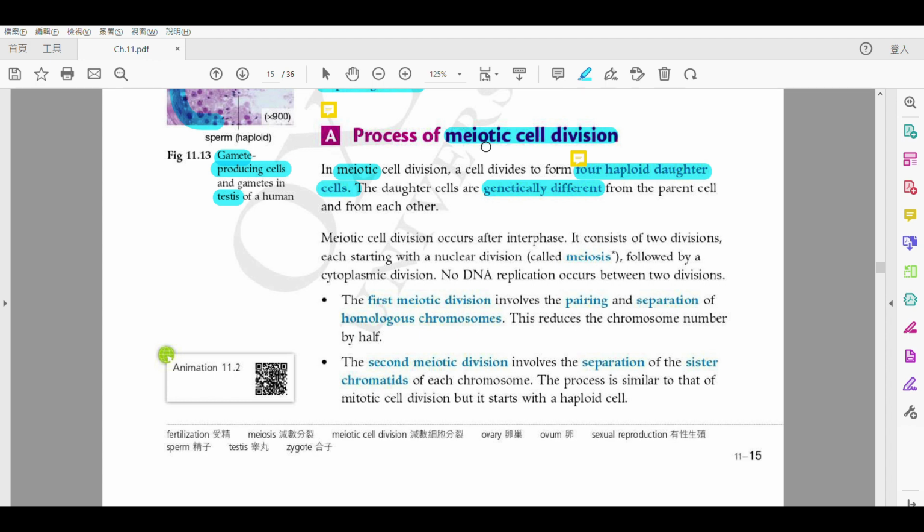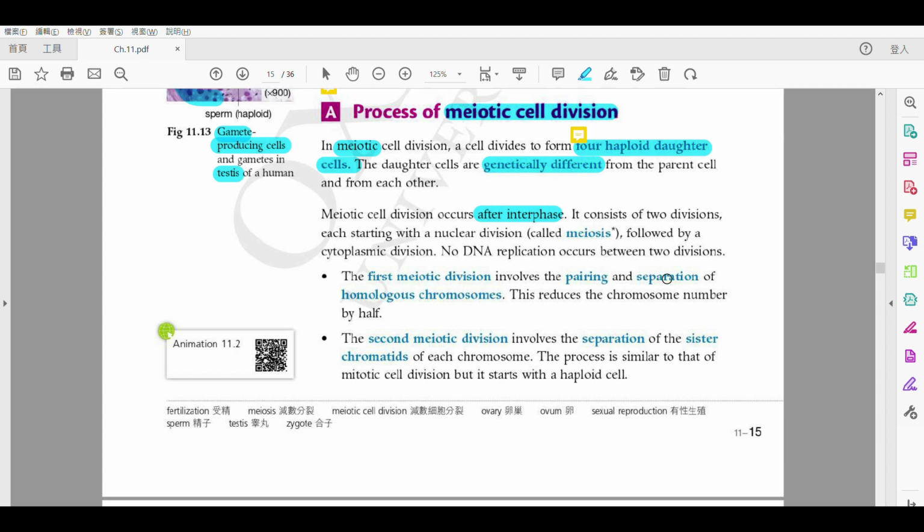Alright, we are all different. Okay, so first of all, it occurs after interphase. So interphase is the same for both cell divisions. They are the same. Alright? And then remember, there are 2 divisions. Not one time. For mitotic cell division, it's only one time, the PMAT. Mitosis is only carried out one time. But when we talk about meiotic cell division, it is 2 times.